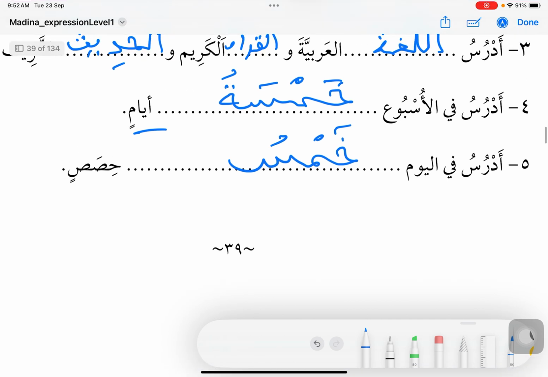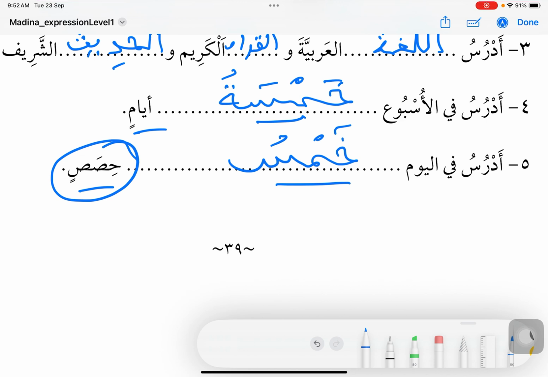We use the female form because the singular of أيام, days, is يوم, which is male, and we use the male form here of this number خمس because the singular of حصص is حصة.